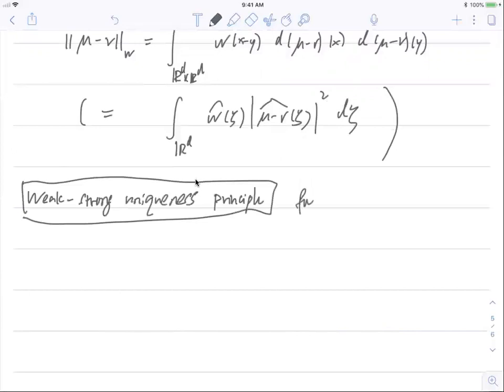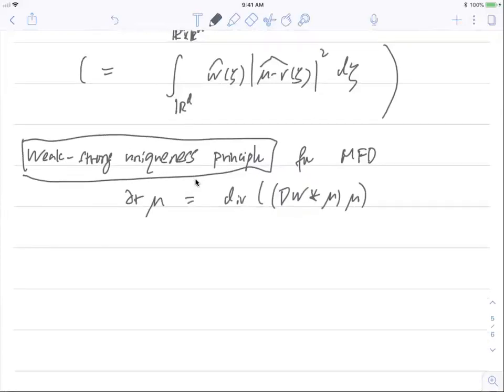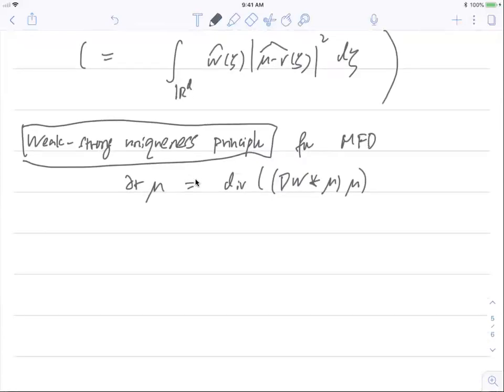Let's say just for this mean field dynamics, let's just choose a very specific one. So we just choose this one. Let's even choose omega to be the Coulomb case.